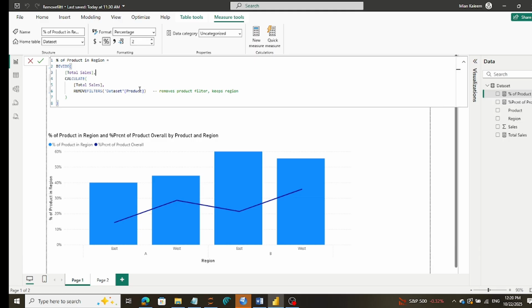What it's doing is removing the product filter but keeping the region filter.